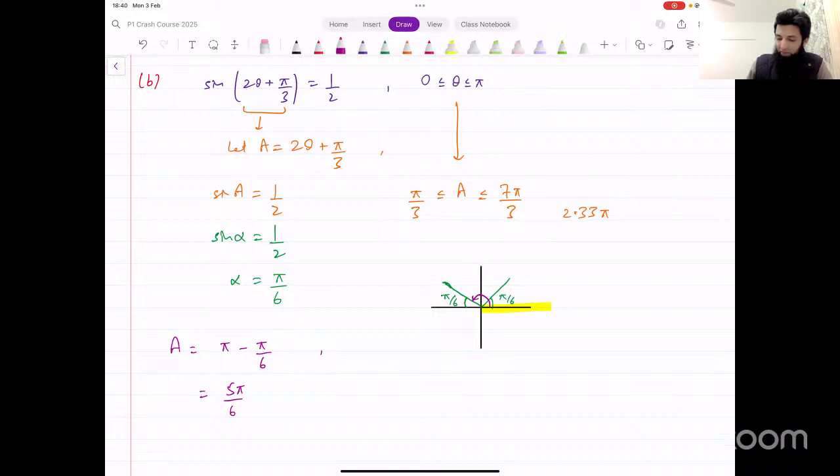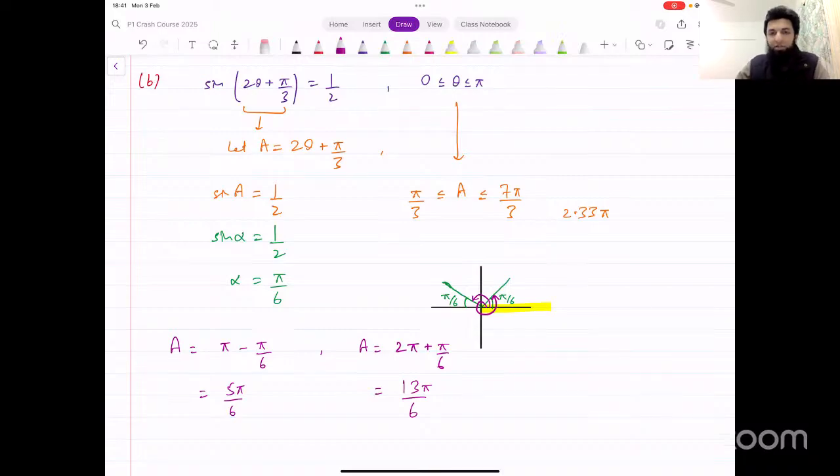Then we can go further. Since the interval is going beyond 2 pi, that means we can complete one full circle and possibly come back to another possible answer. So we complete one full circle and come back to the first quadrant. What would that angle be? One full circle is 2 pi plus pi over 6. So A could equal 2 pi plus pi over 6, which gives you 13 pi over 6.